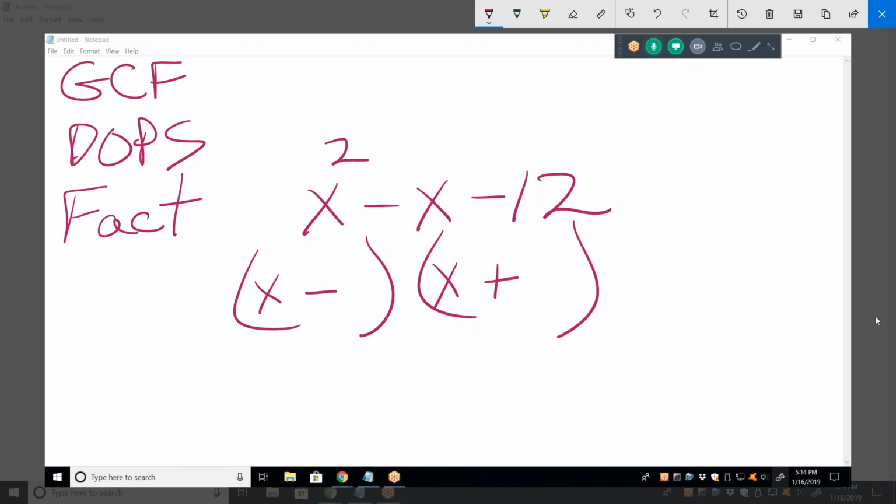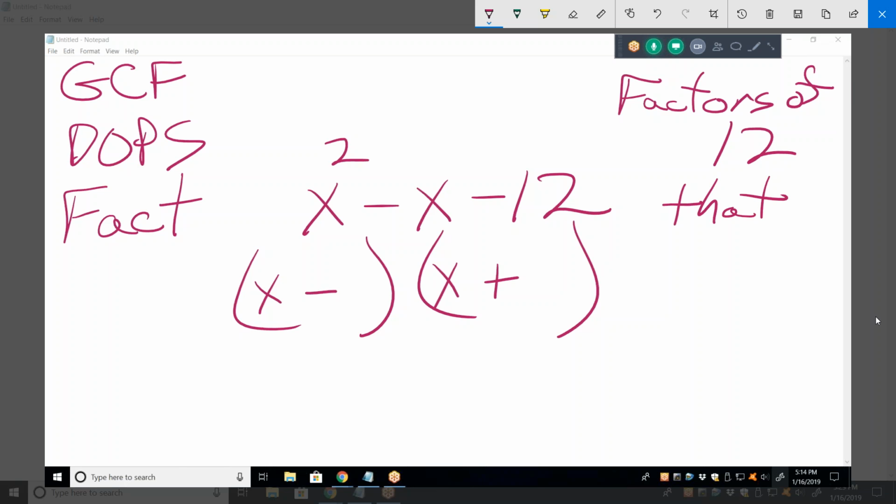Factors of 12. Or 6 and 2. That do what? So we got factors of 12 that do something. And that's based entirely on what that is. If that's a negative sign, then they're going to subtract. If that's a positive sign, then they're going to add. So in this case, that subtract to what?